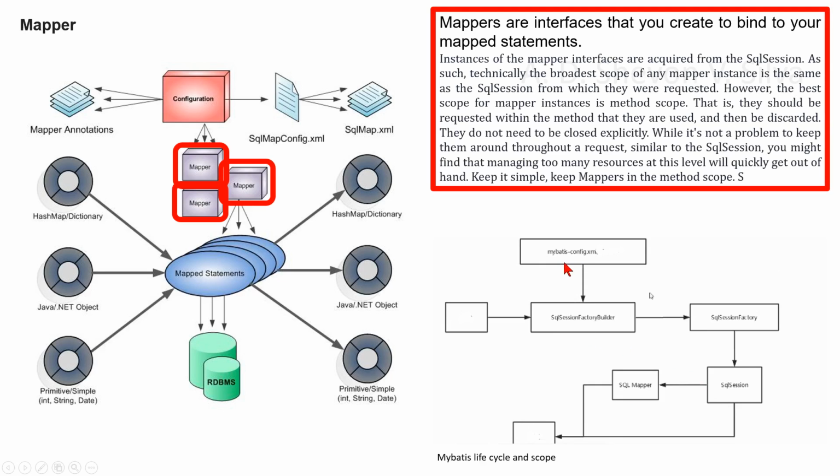Here you can see MyBatis config.xml. Here you can see a SQL session factory builder. This class can be instantiated, used, and thrown away. There is no need to keep it around once you have created your SQL session factory.